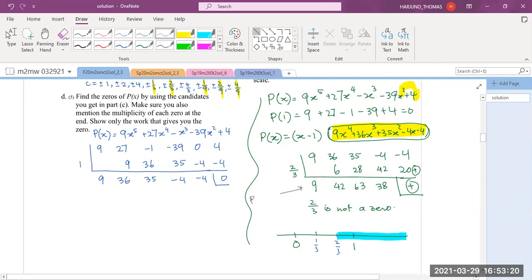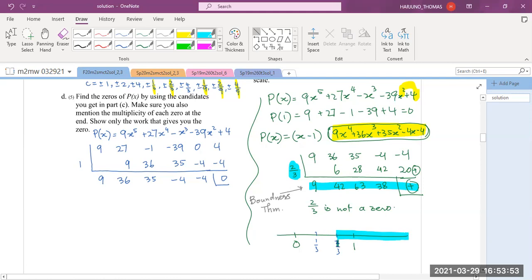It has something to do with the boundedness theorem, which I didn't explicitly teach. But the boundedness theorem says the following: if you do synthetic division on a positive x, and the last row is all positive numbers, it means there is no more 0 to the right of that.